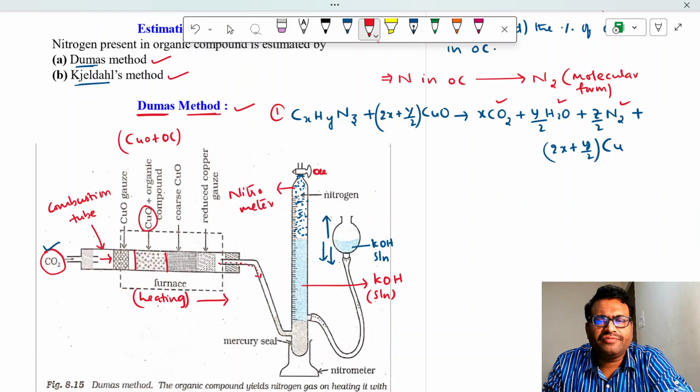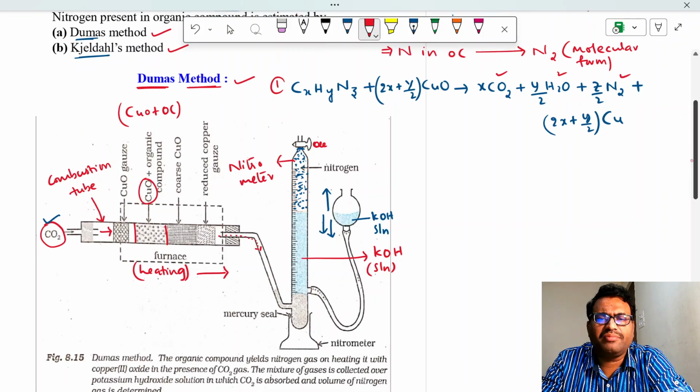Okay. Now, it is found that some nitrogen, as it is reacting with cupric oxide, is converted into oxides of nitrogen.